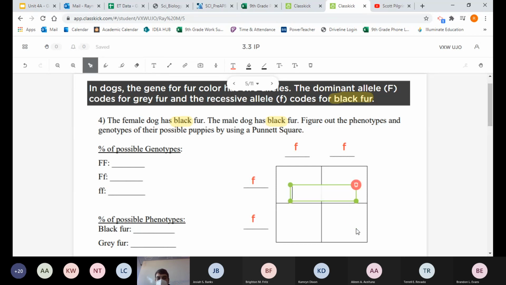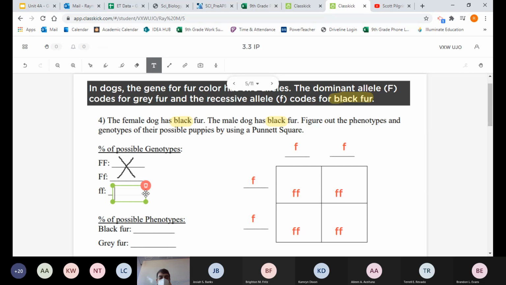That would mean you have little f, little f, little f, little f, little f, little f, little f, right? So you don't have any big F, because there are no dominant alleles here. So that means that 100% would be black.